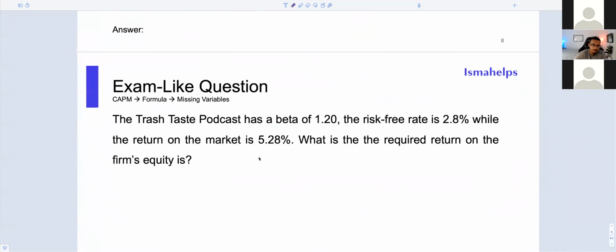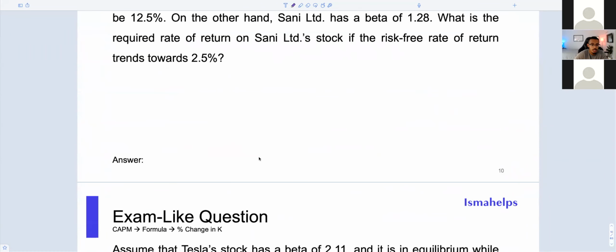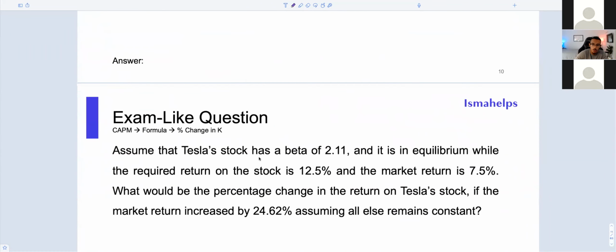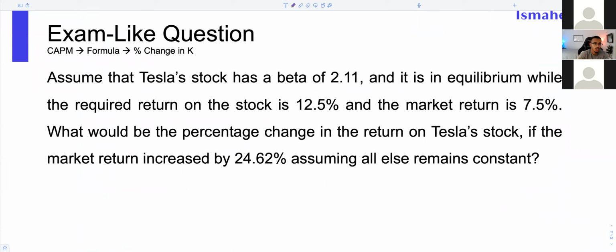But now I want to jump into some fun stuff. I want to jump into some questions that are awesome. So let's start with a change in K. This is going to be pretty interesting. Let's do that. So we're going to run through them just because I want to give you as much exposure as possible.